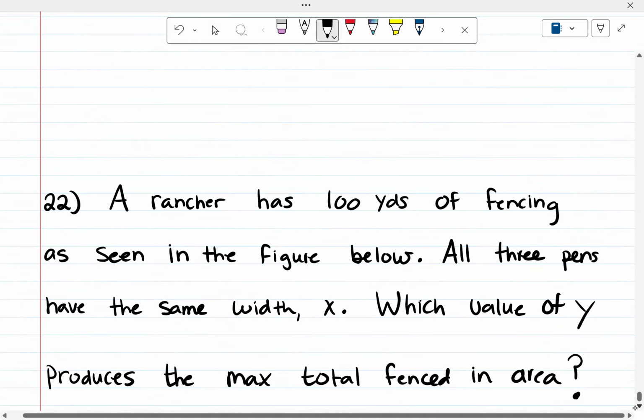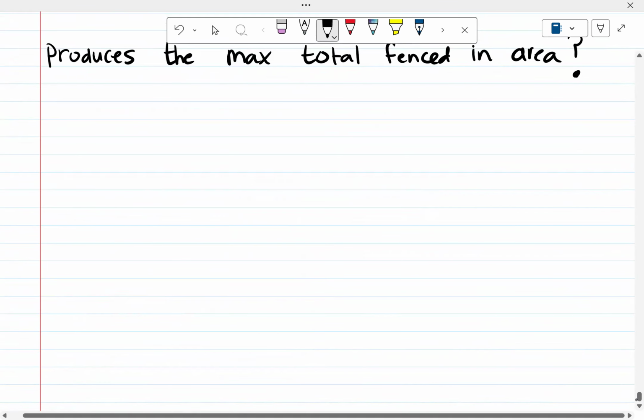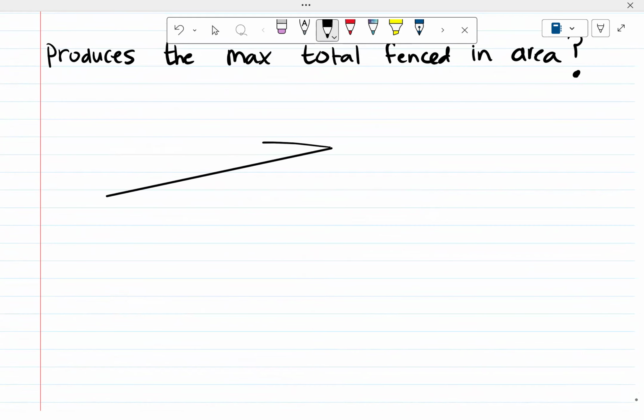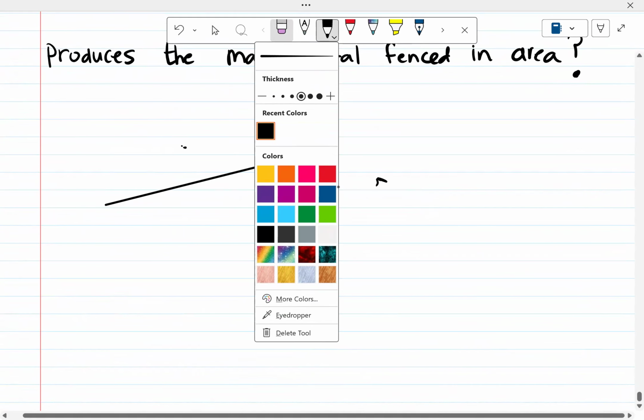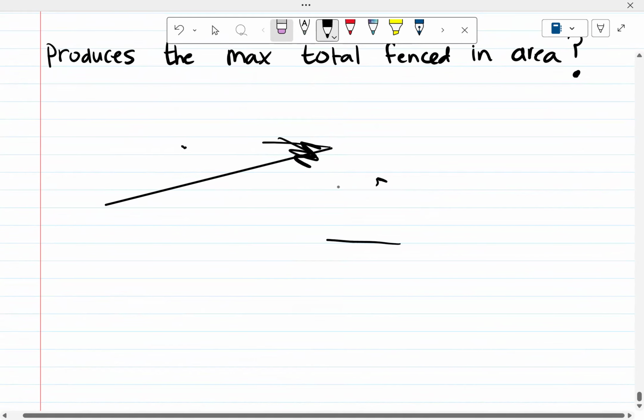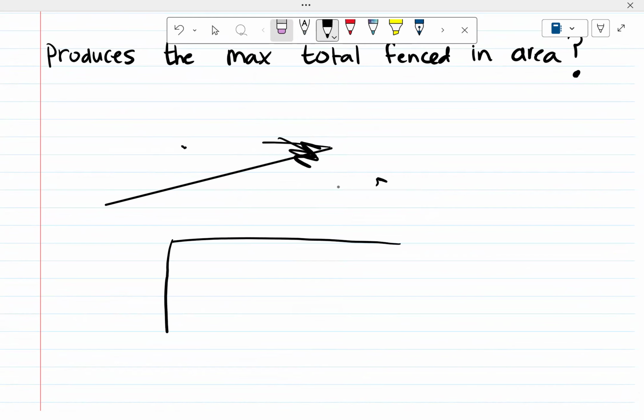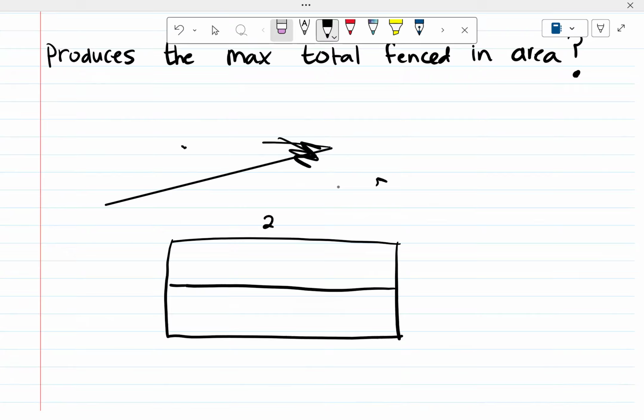Let me show you the image. It should look like this.